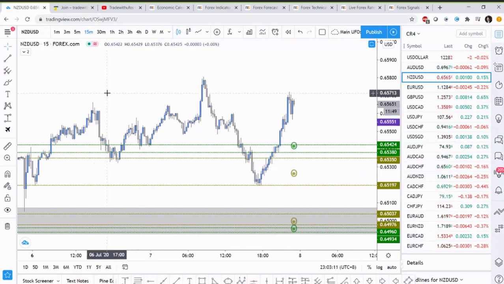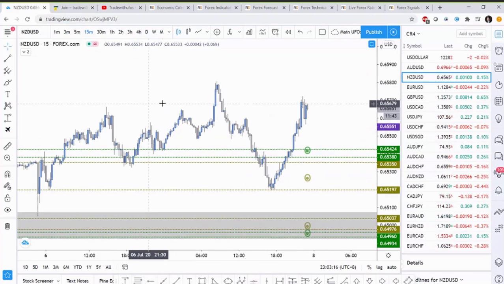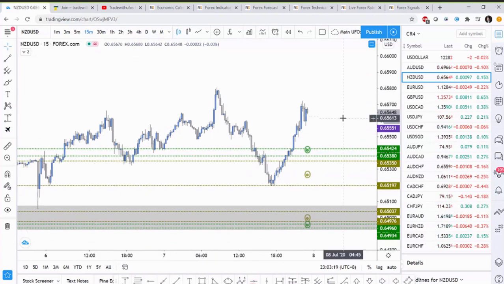There is some calibration to it, which we go into at a more advanced stage when we talk about back testing and things like that.